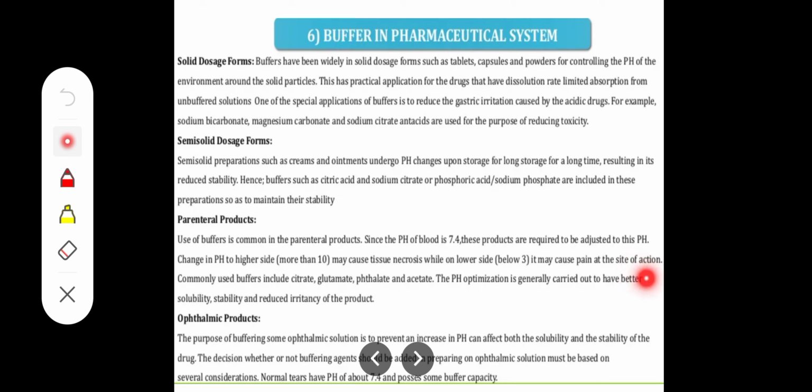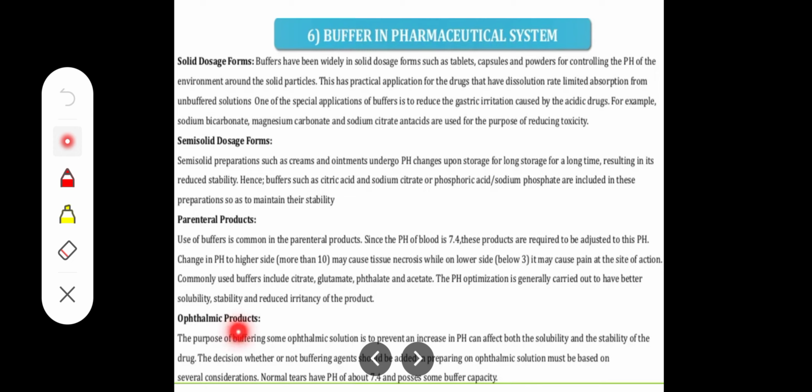That pain will not be because of the drug, but because of the pH. Commonly used buffers include citrate, glutamate, phthalate, and acetate. The pH optimization is generally carried out to have better solubility, better stability, and reduced irritancy of the product, right?